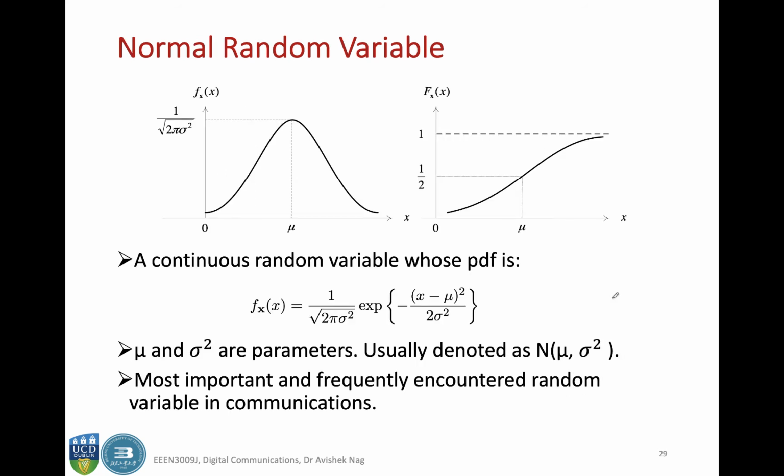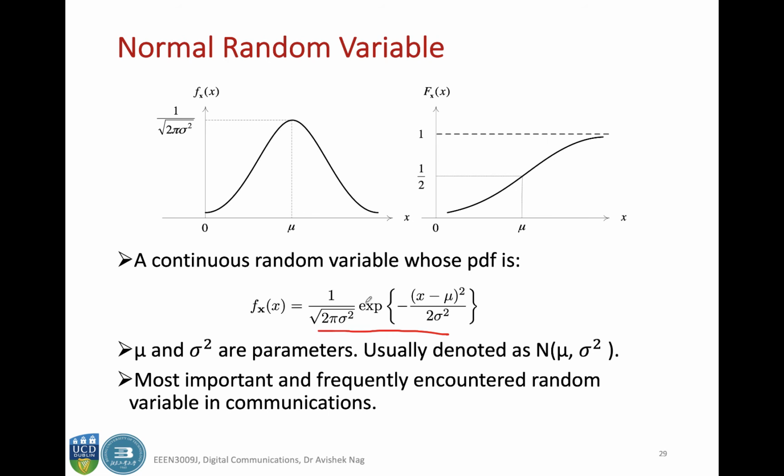Then you have the normal random variable. The expression for the PDF of this random variable is given by this. So this expression is very important in your digital communication. You will be using this many times to model the noise in a communication system.